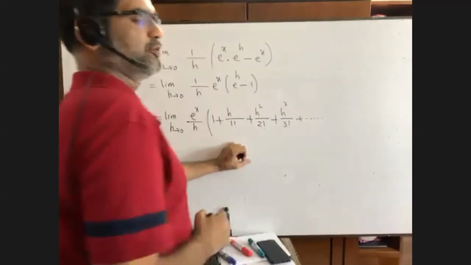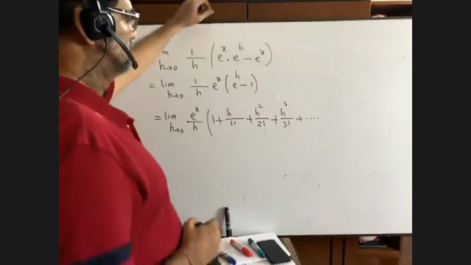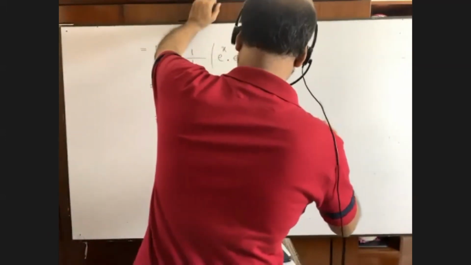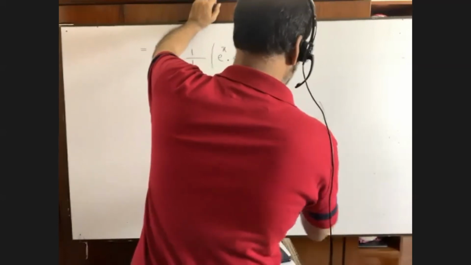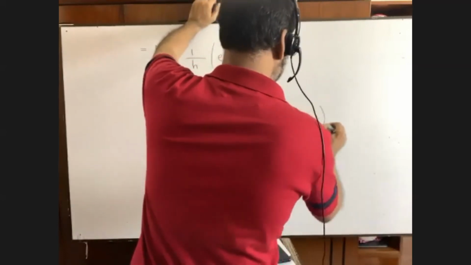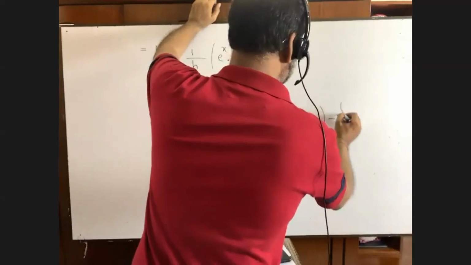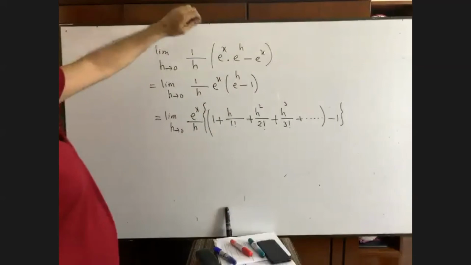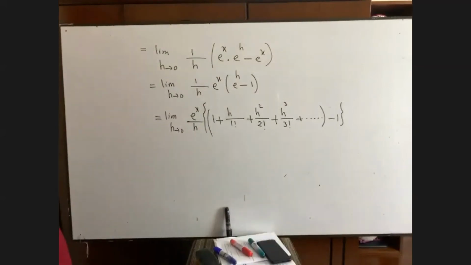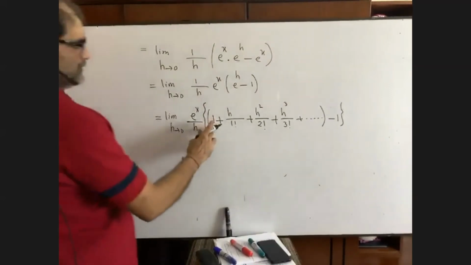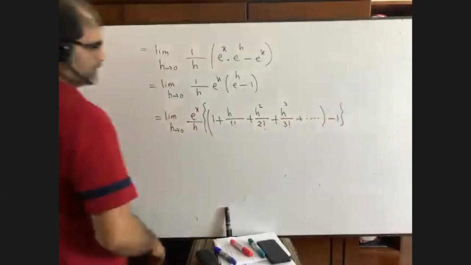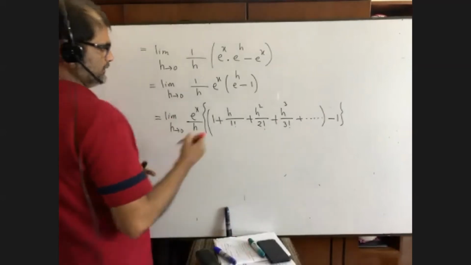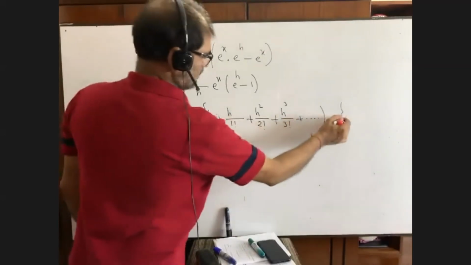Minus 1. Okay, I'm writing. That's okay. Very good. Minus 1. Then a second bracket is to be given. Have you got it? So this is plus 1 and this is minus 1 will be omitted. Is it? Talk to me. Yes, sir.